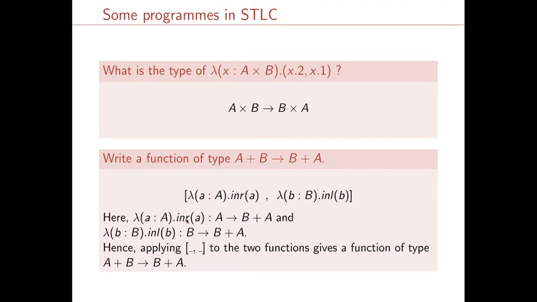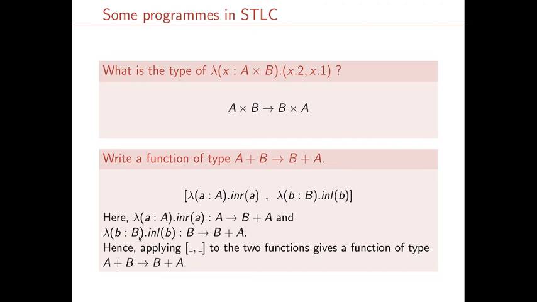That's inr of a. We take this element of A and we consider it as an element here in B plus A, or think of it as B or A. Yeah? So in logical language, we use OR introduction on the right.